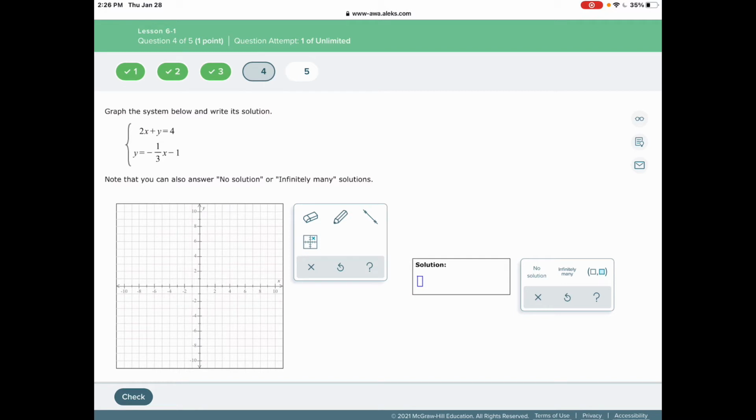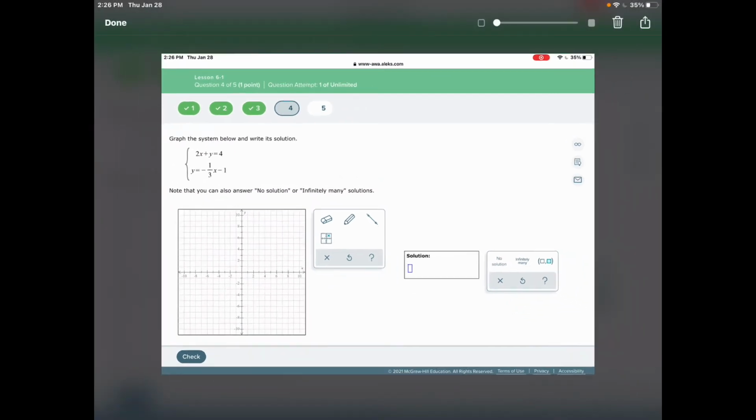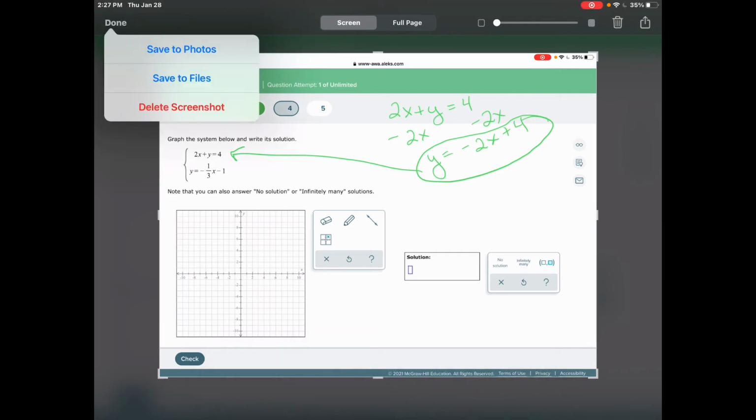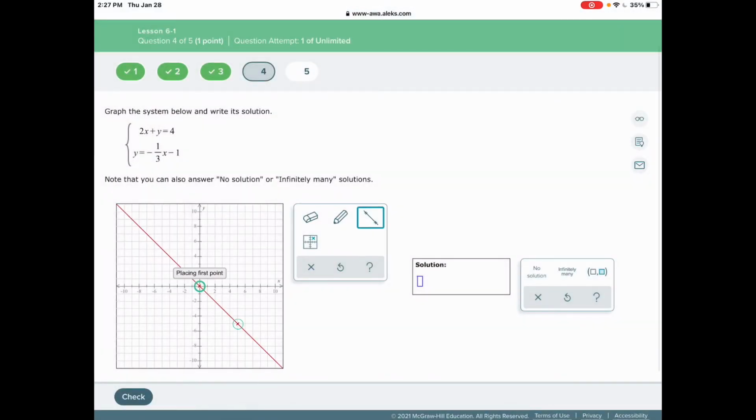For number 4, we're going to graph the system and write the solution. For the first equation, we need to rearrange it into y equals mx plus b form. So I'm going to subtract 2x from both sides. And I have a y-intercept of 4 and a slope of -2. Slope of -2 is down 2 over 1.